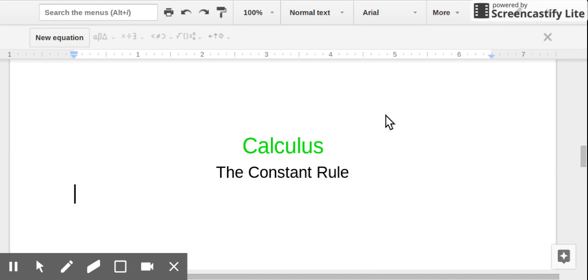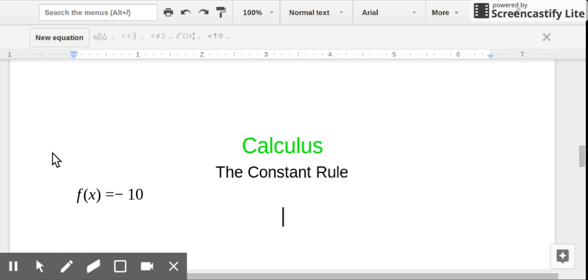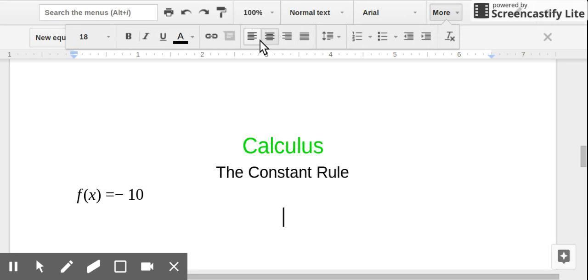We're going to look at some different types of notation, like I mentioned moments ago. So if I said f of x is equal to, let's say, -10, and we want to find F prime of x.